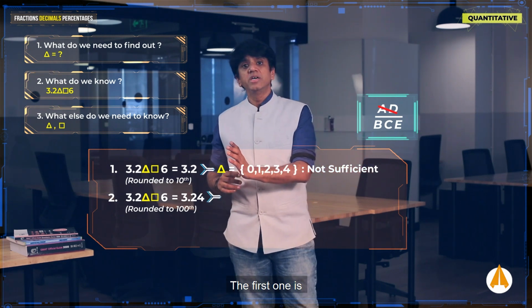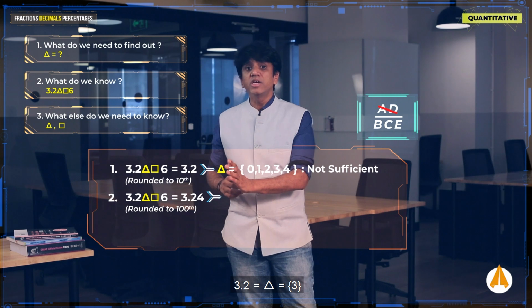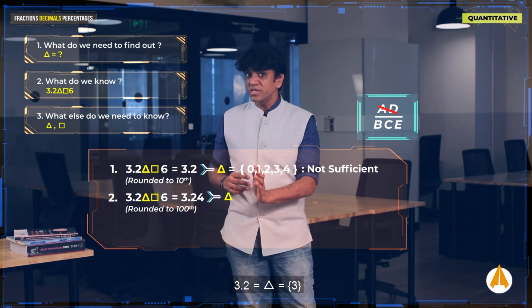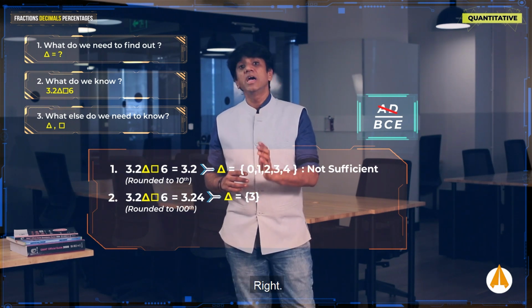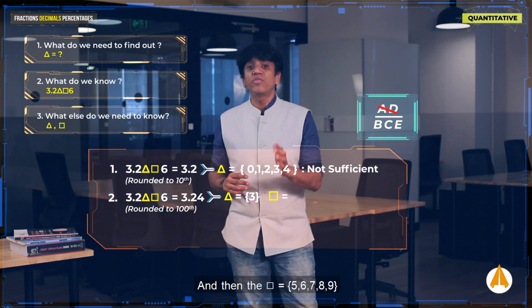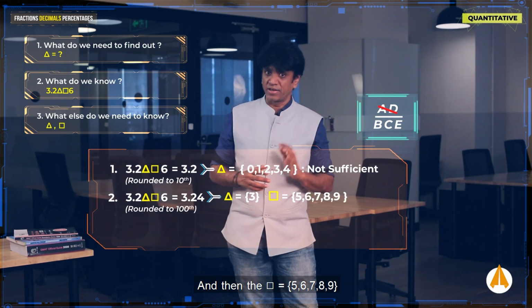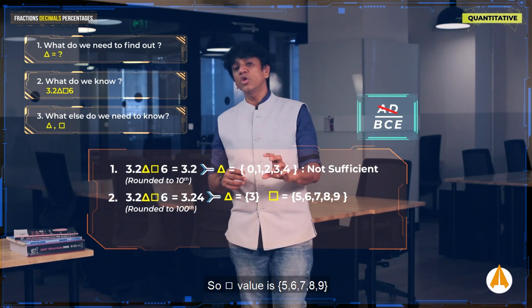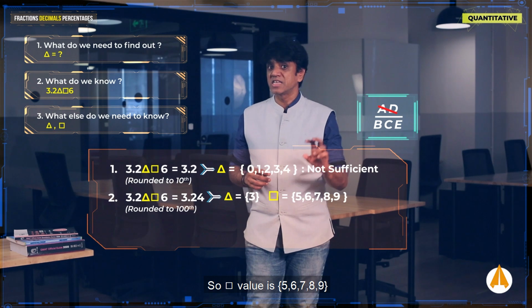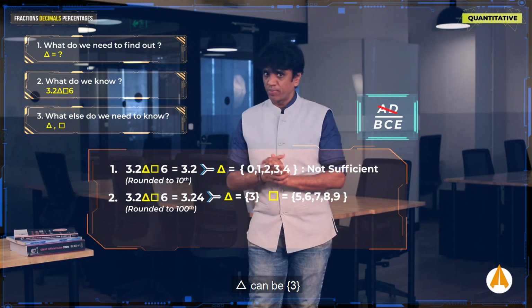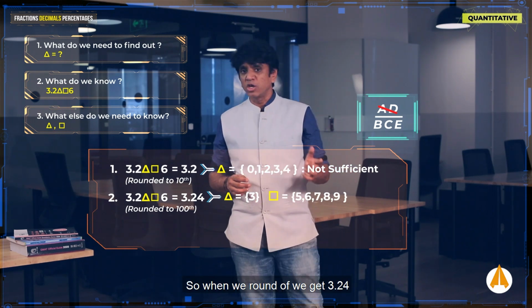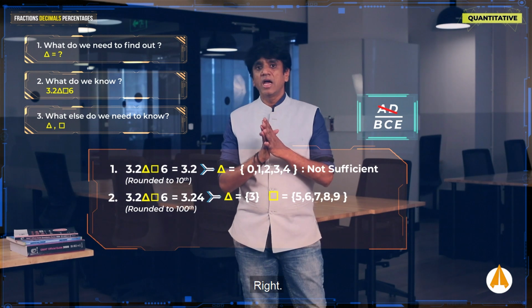The first one is 3.2 and the triangle value is 3, and then the square value can be 5, 6, 7, 8, and 9. So when the square value is 5, 6, 7, 8, or 9, triangle can be 3, and when we round it off, we get 3.24, right?